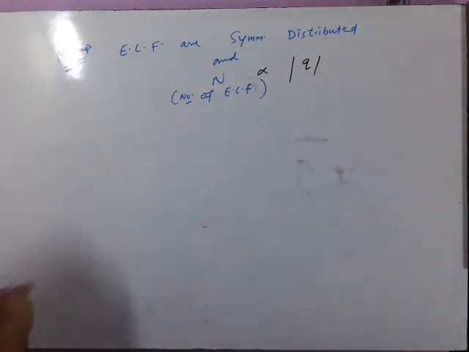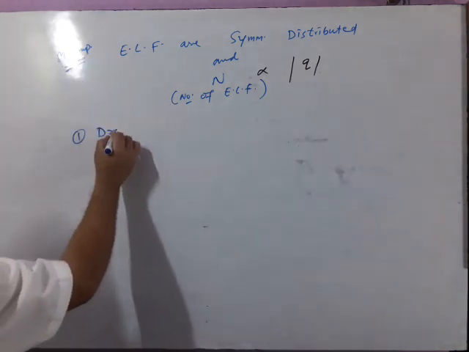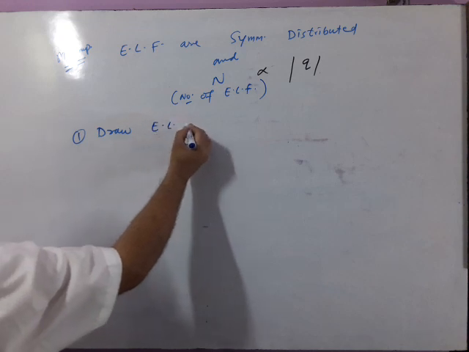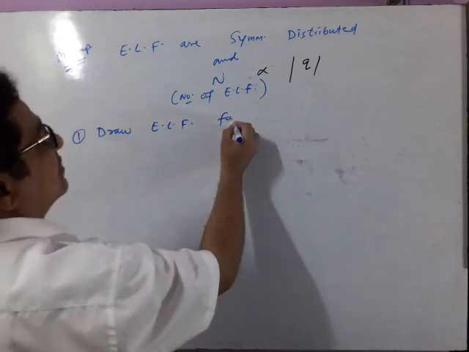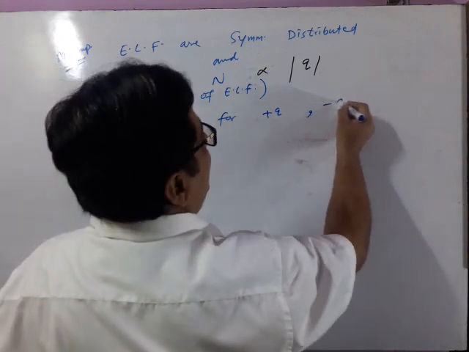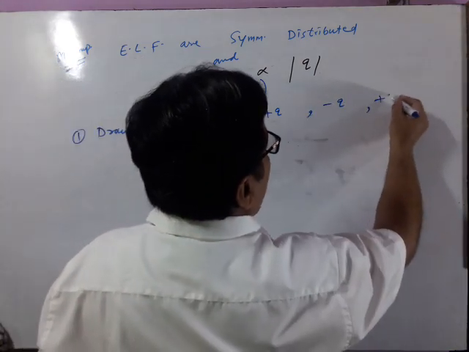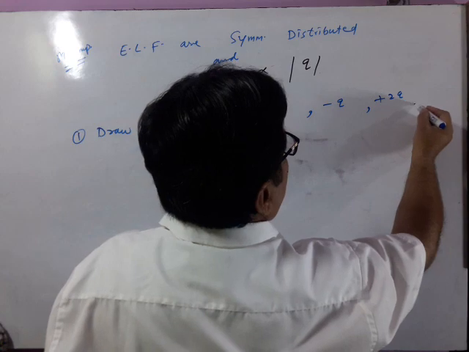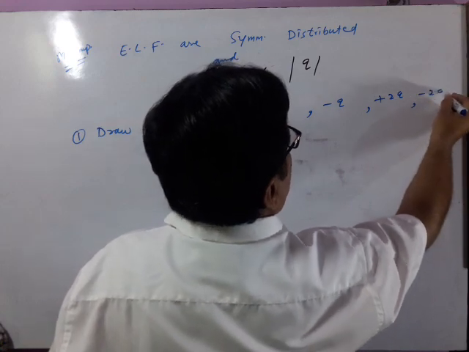See the meaning. Point number 1: draw electric lines of force for plus Q, for minus Q, for plus 2Q, for minus 2Q.